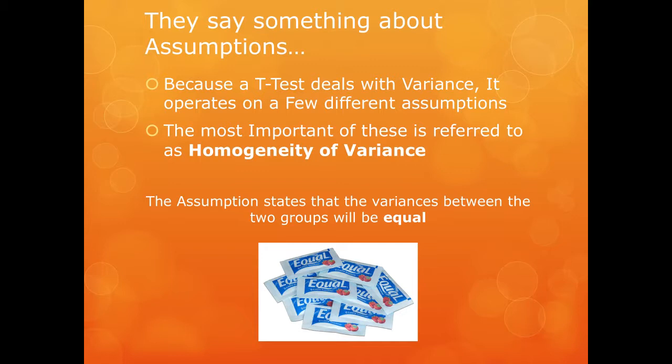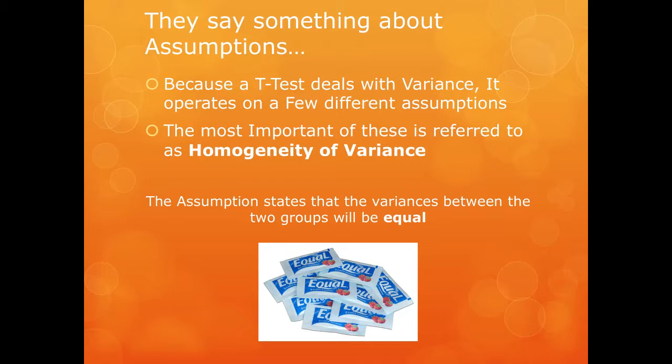So usually in research, we're always trying to be as unbiased as possible by taking into consideration anything that could affect our results other than our treatment. Okay, so we're trying to control for any other variable. So in this way, the variance between the two groups should be very, very equal.